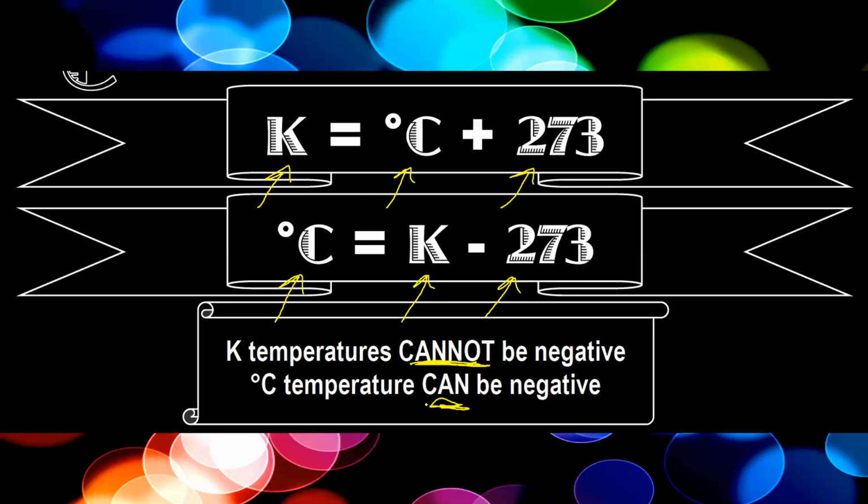We had some negative Celsius during that time. It was cold. As we saw in the video in Antarctica, it got really cold, negatives. Kelvins would never have a negative. So good idea you did something wrong if you get a negative for Kelvin.